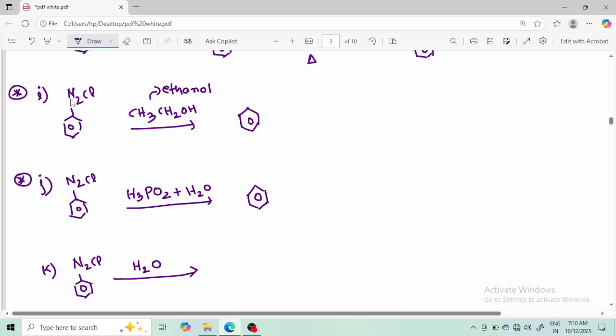Okay, so OH will replace this N2Cl part. Got it? So with this we are done with the chemical reactions of benzene diazonium salt. Okay, you have to memorize this, and the reactions are easy, but the last three reactions, the new ones, are important. Okay.